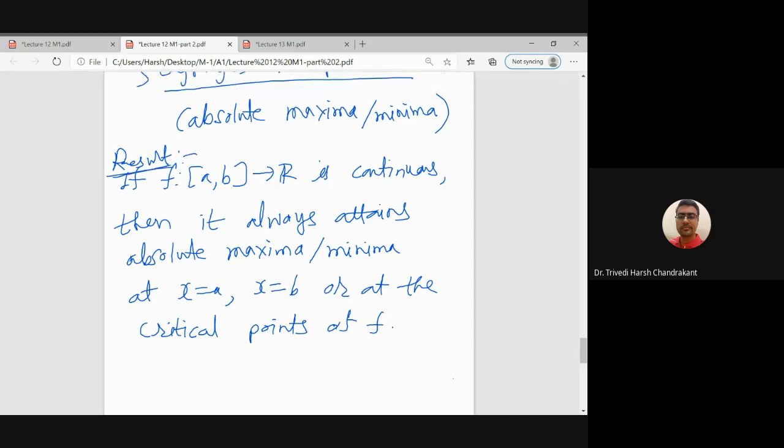So what is the speciality of a and b? A and b are basically the endpoints of the interval. Whenever we want to find the absolute maximum and minimum, we don't apply the second derivative test. We only find the critical points and the value of the function at the endpoints, evaluate the function at all these points, and check which is the maximum value and which is the minimum value.